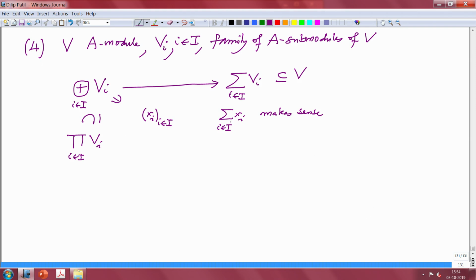So, it will not matter. So, map this to this, and this is obviously a surjective module homomorphism.